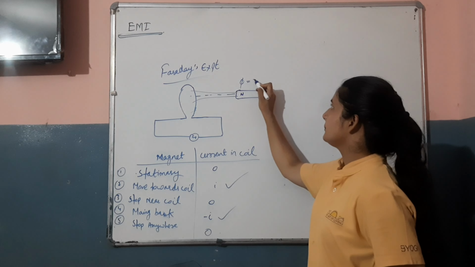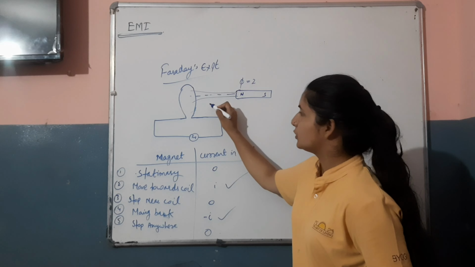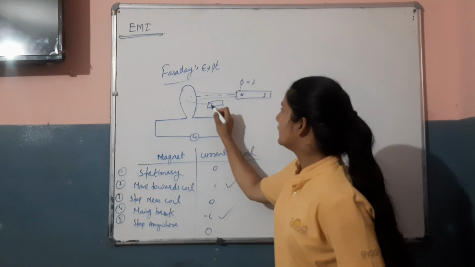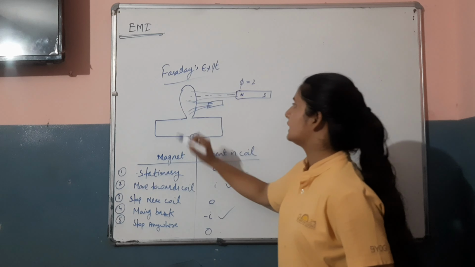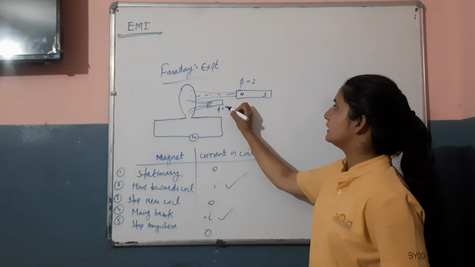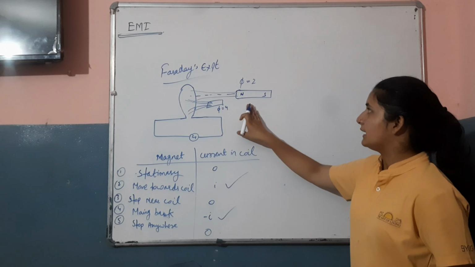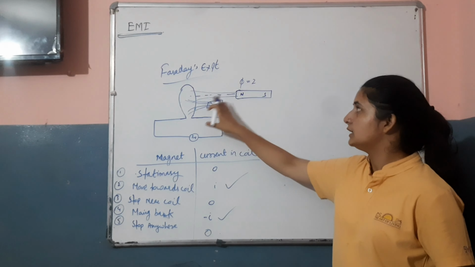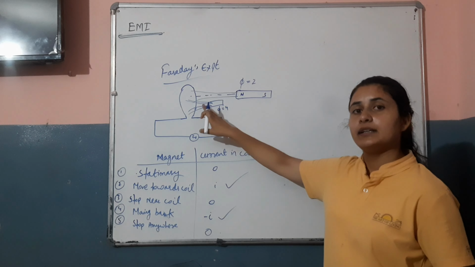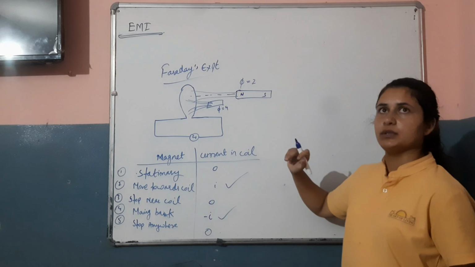So at this time, the value of magnetic flux is 2. When the magnet is moving towards the coil, then more magnetic field lines are linked with this coil, and now the value of magnetic flux increases. So the magnetic flux is changing when the magnet is moving towards the coil, and the value of magnetic flux also changes when the magnet is moving away from the coil.